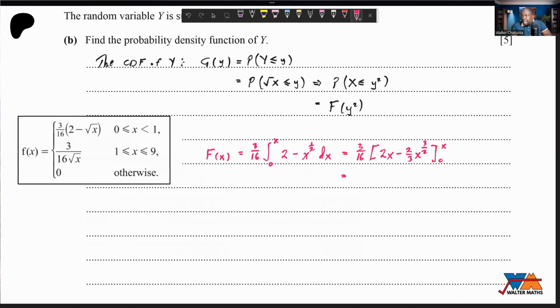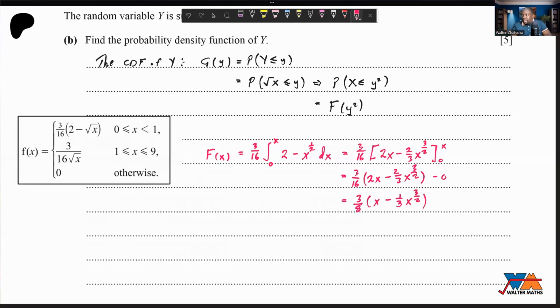So substituting x, we get 3 over 16 of 2x minus 2/3 x to the power of 3 over 2, minus 0. If we factor out 2 here, it will be 3 over 8 of x minus a third of x to the power of 3 over 2.